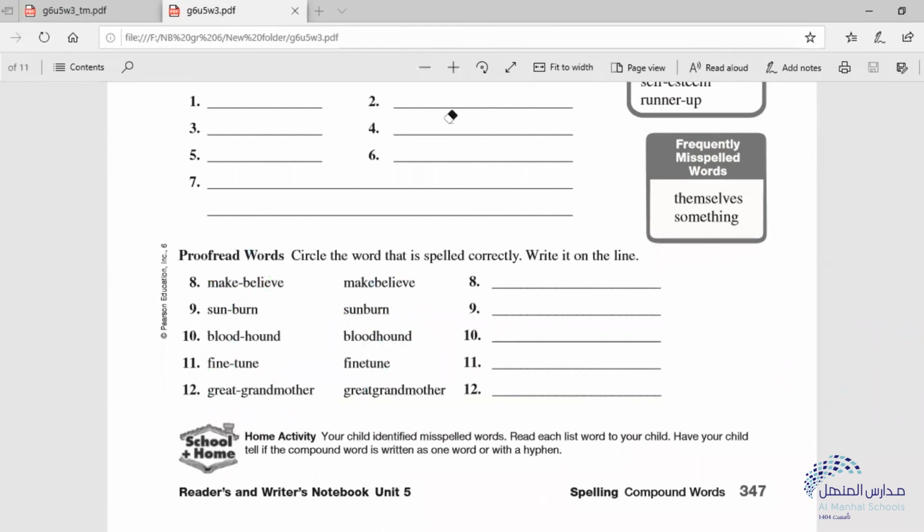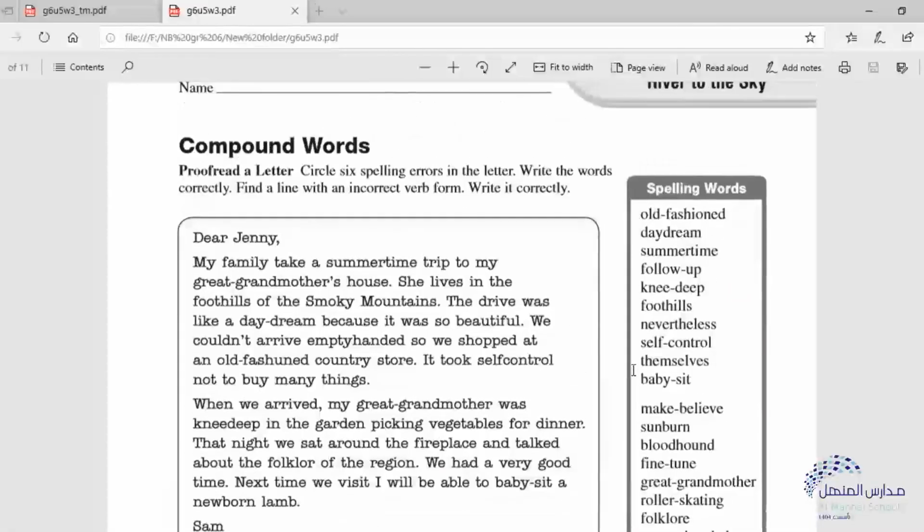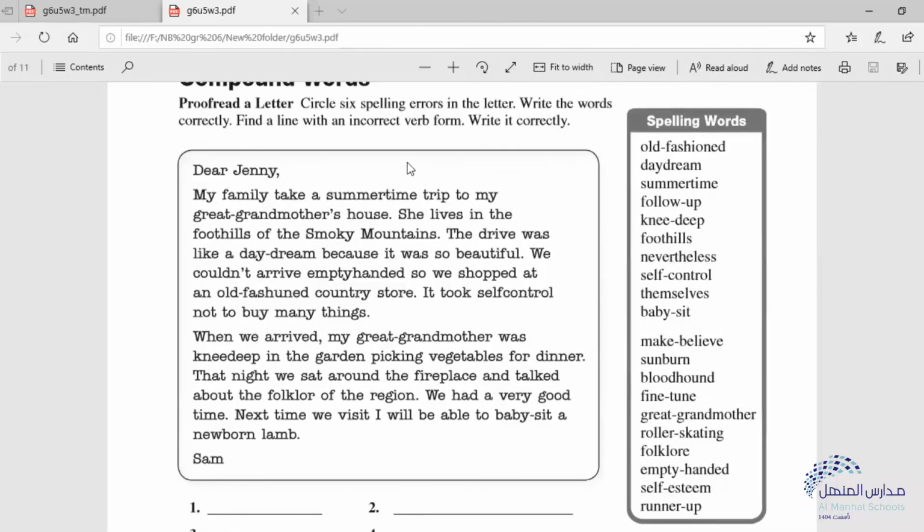As you can see, the words here. The first one is make-believe. The second one, sunburn. The third one is bloodhound. Fourth one, fine-tune. And the fifth, great-grandmother.